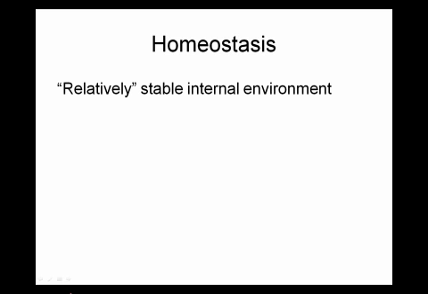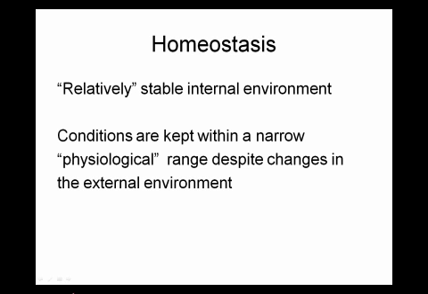Homeostasis is one of the characteristics of life that we discussed in Lesson 1. What this means is that living organisms try to maintain a relatively stable internal environment. Now, certainly not static or unchanging, but things need to be kept within a narrow physiological range.